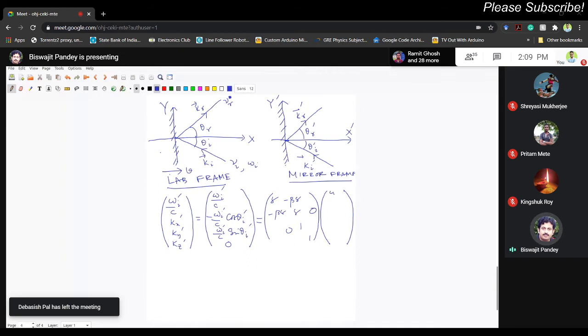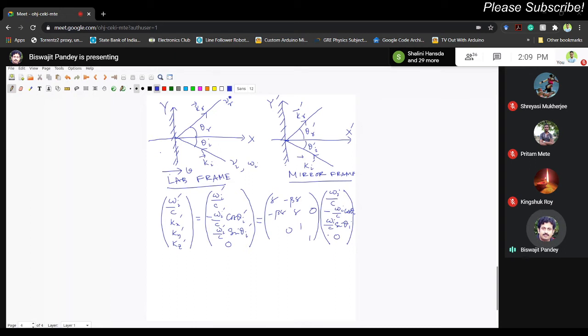That we know, right? Omega I by C, because it is omega I, and again the x component will be negative, y component will be positive. Omega I by C cos theta I, plus omega I by C sin theta I, and 0, right?